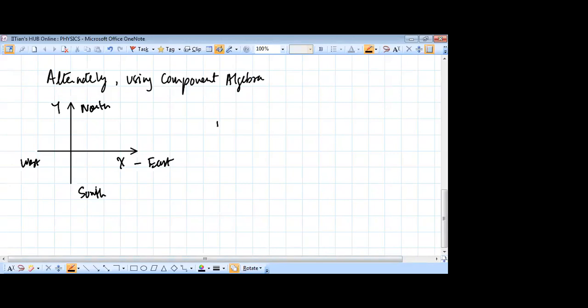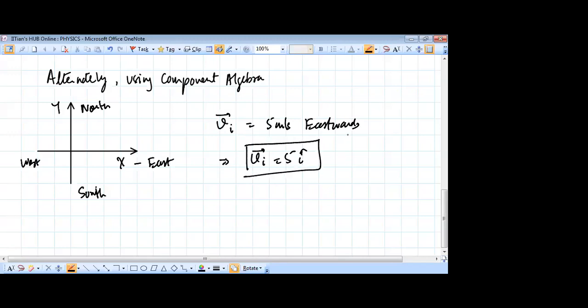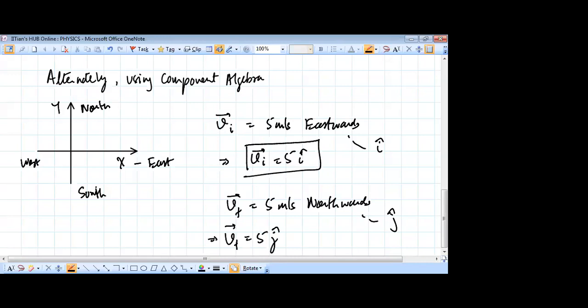In the same problem, the initial velocity, which is 5 meters per second eastwards, will be given in component form as 5 i cap, because i cap is pointing towards east. Likewise, our final velocity, 5 meters per second northwards, is in the direction of j cap, so our final velocity will become 5 j cap.